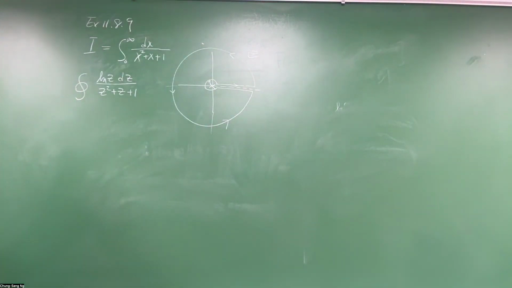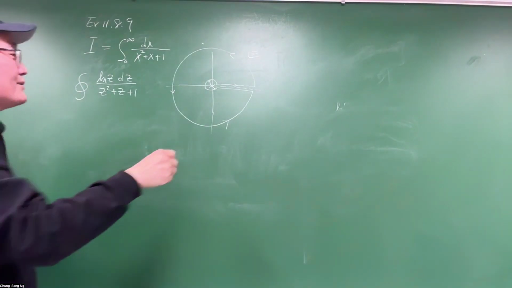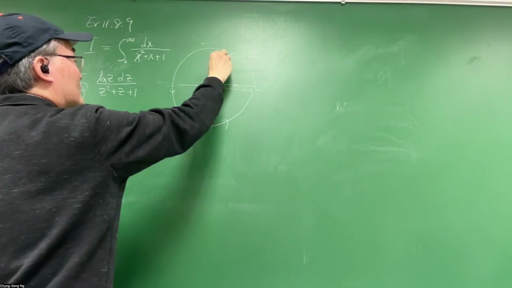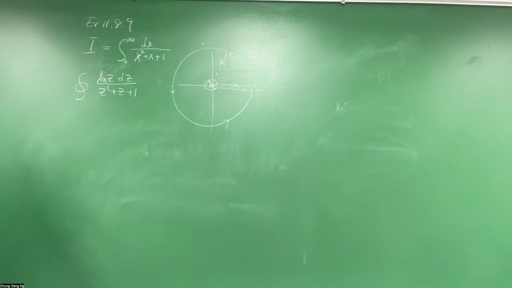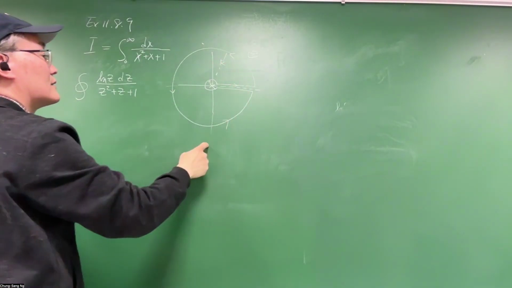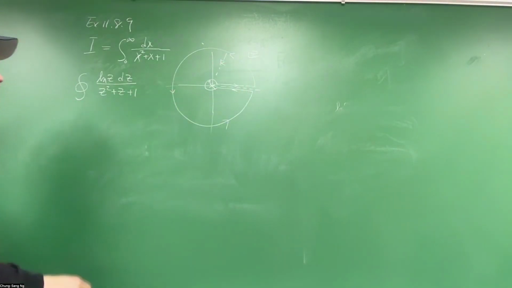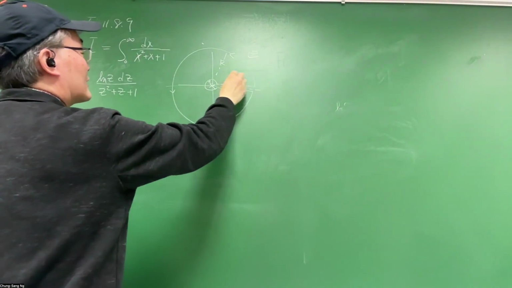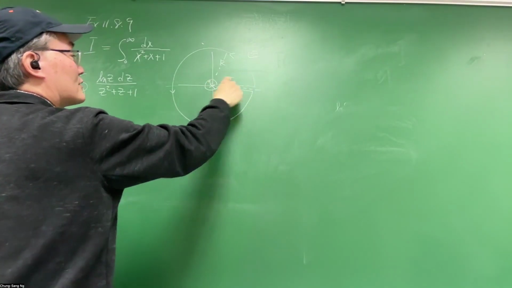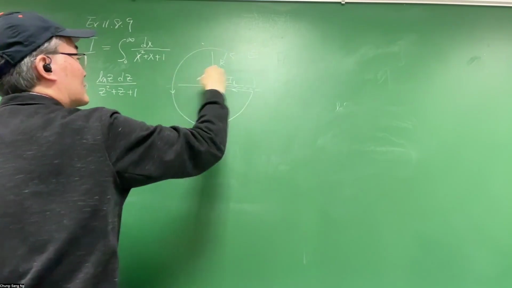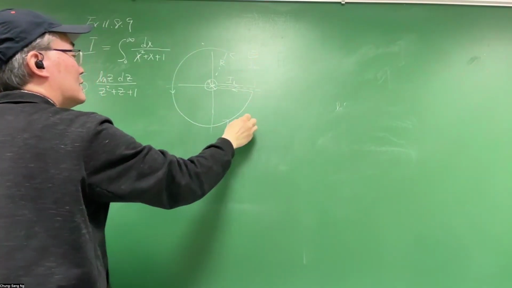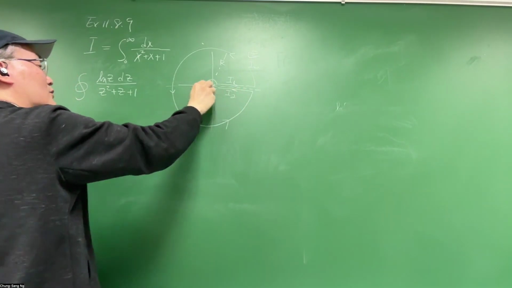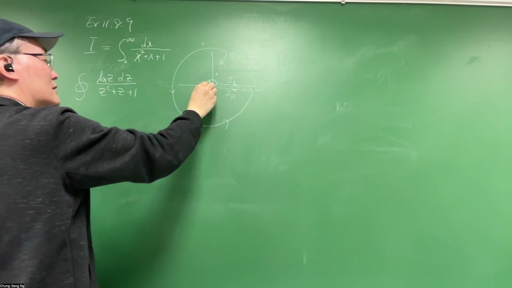I said that you should remember it because it's very commonly used. The radius of this big circle, of course, is r going to infinity. The delta goes to 0, r goes to infinity. So this is the contour. Let me give you some names: let's say the upper straight line is I sub 1, this big circle is I infinity, the one below is I sub 2, and the loop around the origin is I delta.